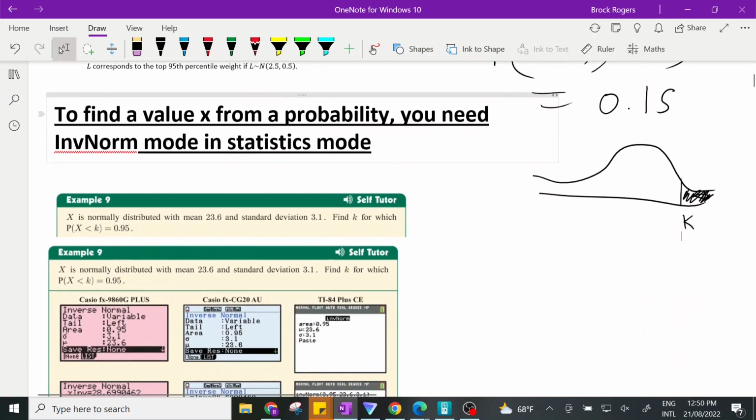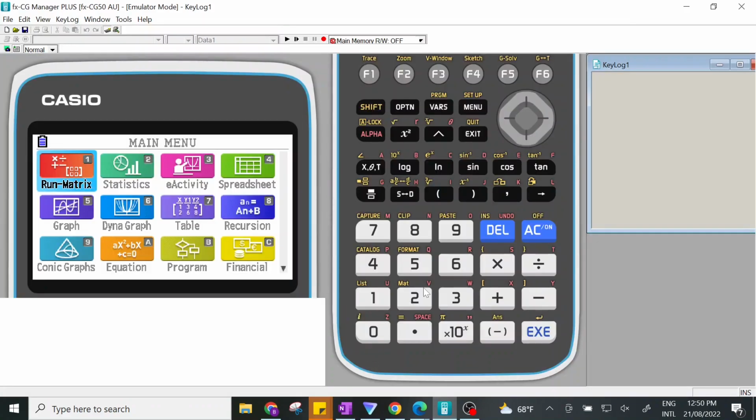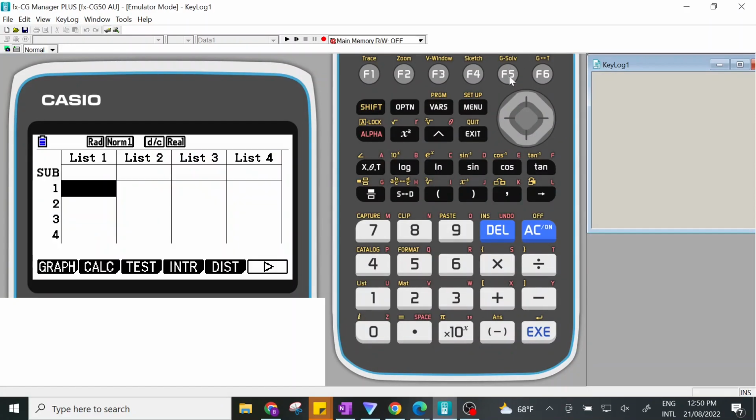So I'm just going to show you where to find this function on the calculator. Everything is in the same spot. We want statistics mode, and anything to do with calculating or working with probabilities on the calculator, you want to go to distribution. Then you want to go normal. Binomial is for a discrete probability situation, like a success or fail situation.